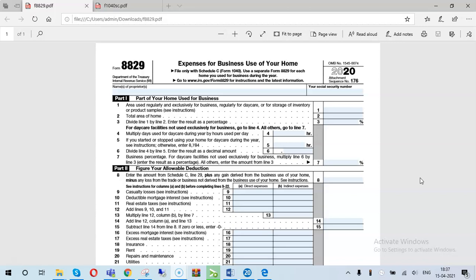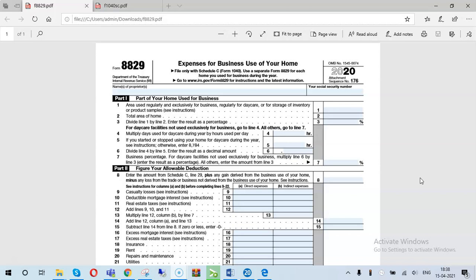Number 2, as your principal place of business for any of your trade or business, or as a place of business used by your patients, clients or customers to meet or deal with in the normal course of your business, trade or wholesale. Your home must be the only fixed location for your trade or business.